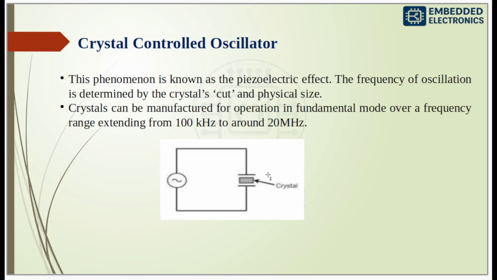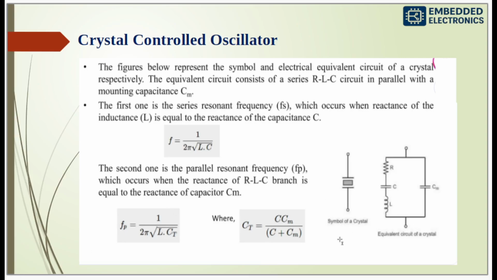These crystals are manufactured for operation in fundamental mode over a frequency range extending from 100 kHz to around 20 MHz. This is the symbol of the crystal and this is the equivalent circuit, RLC, and this is the Cm.